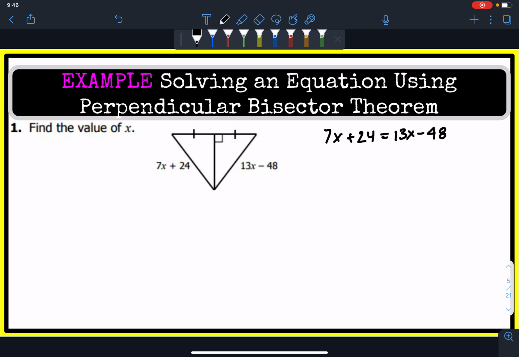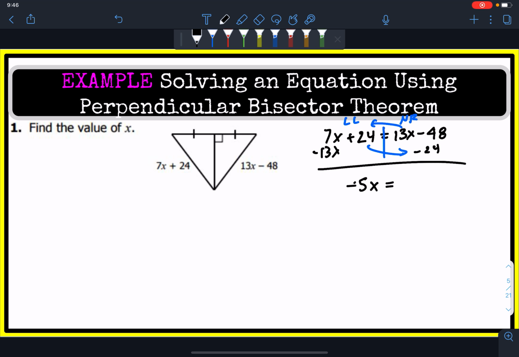Solving this equation simply requires us to put our letters to the left, numbers to the right. So we end up subtracting 13x, subtracting 24, and we have negative 6x is equal to negative 72.